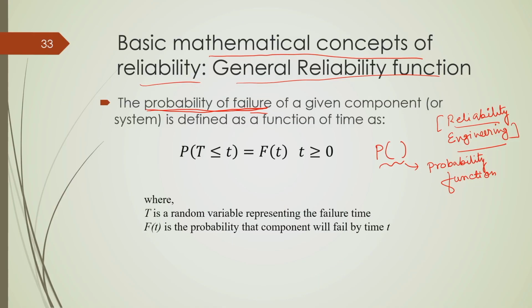That probability of failure is mathematically defined as a failure function, called F(t), where F(t) is the probability that the component will fail by this time t. We call F(t) the failure function, or, as I will show you later, the unreliability function.